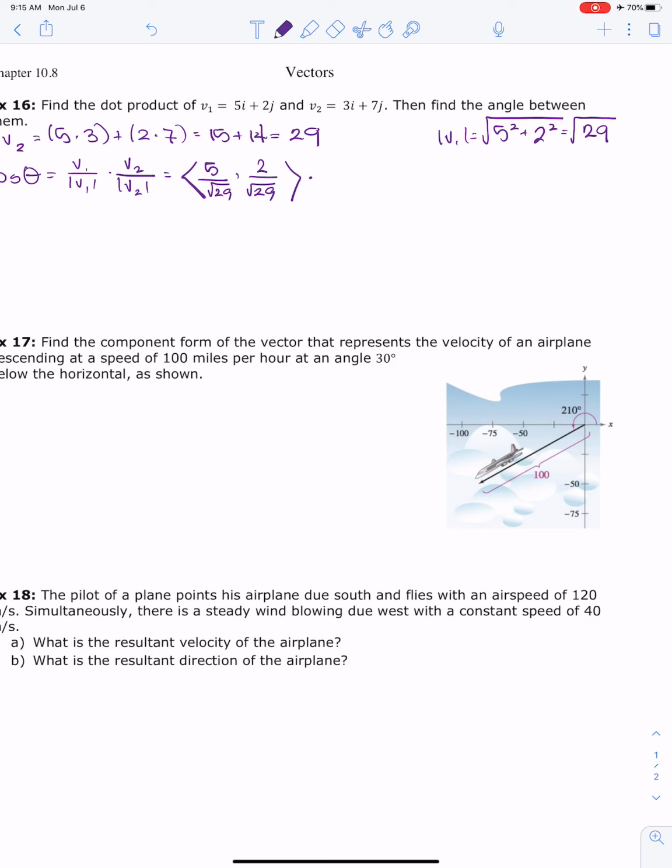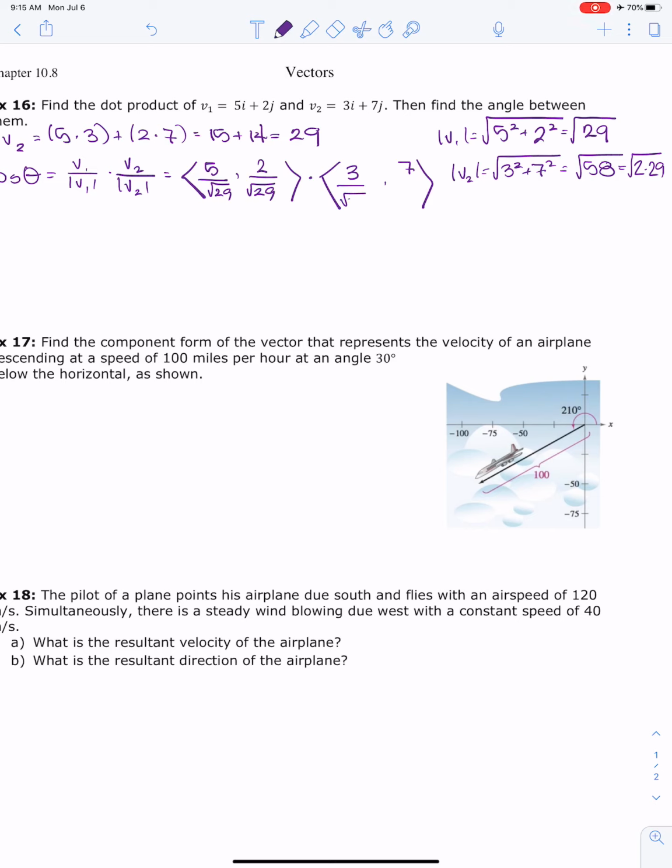So we're going to dot that with 3, 7. I need to find the magnitude of v sub 2. 3 squared plus 7 squared is 9 plus 49, which is 58. 58 I recognize as 2 times 29, so I might find that helpful in a little bit.